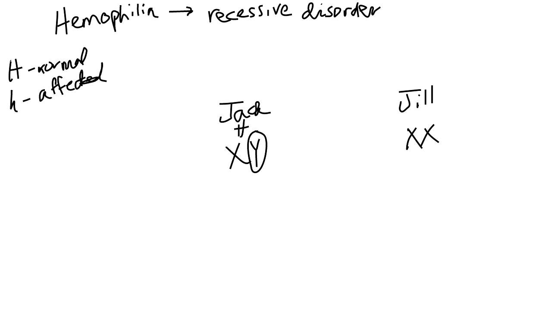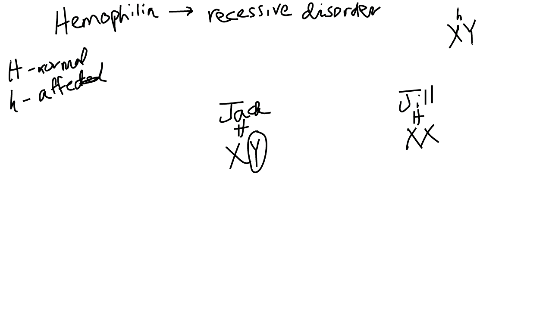Now, Jill, on the other hand, her father was a hemophiliac. She's normal, but her father was a hemophiliac. So since she's normal, we know that she gets one big H here. But her father, if he was a hemophiliac, had a little h here.